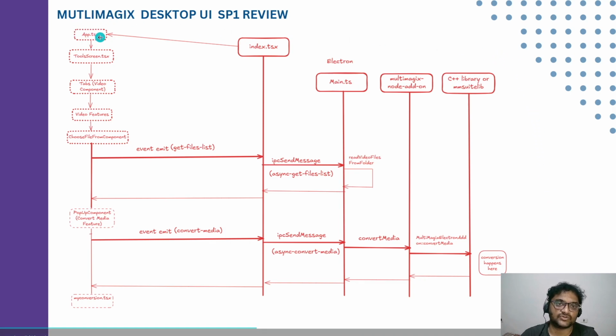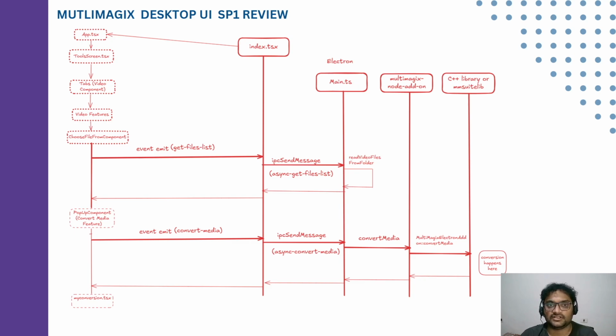if the user is coming from the tools screen and selecting a tool for converting a file. There is one more flow which is almost similar. The only difference is that the user comes from the file screen and then goes to the tool screen.